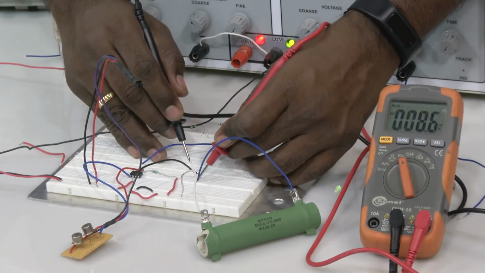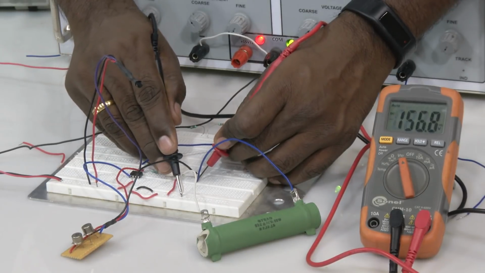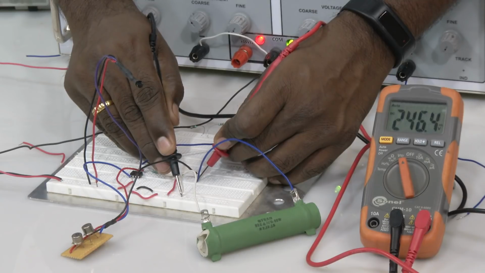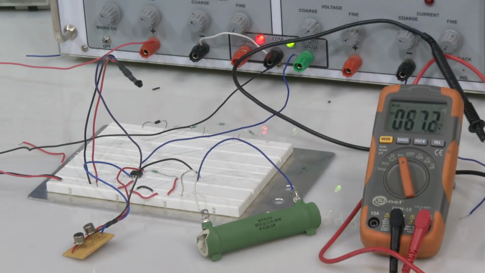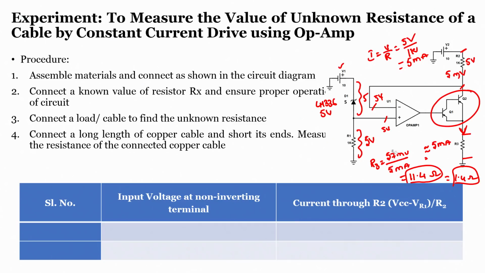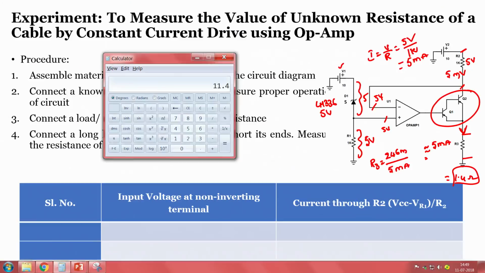Now, when I check the drop across the resistance, how much is it showing? 246 millivolts. Now, if I calculate, it shows 246 millivolts divided by 5 milliamps. So, what is the value? 246 divided by 5, 49.2.